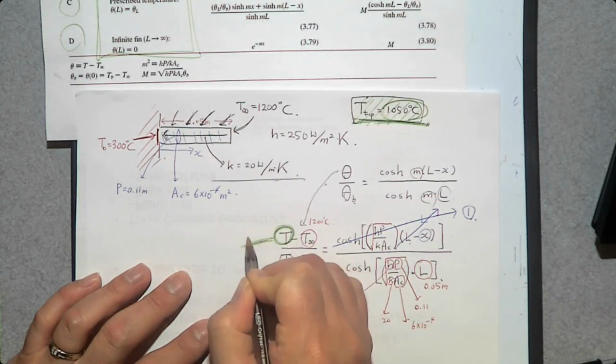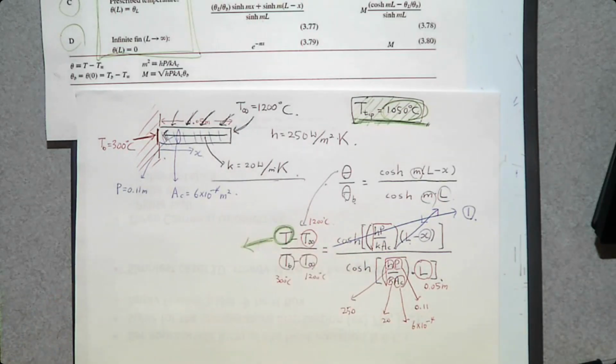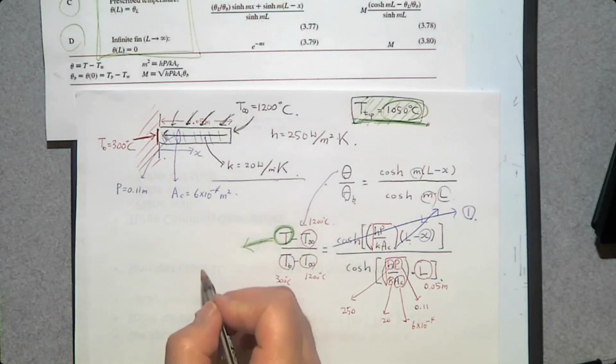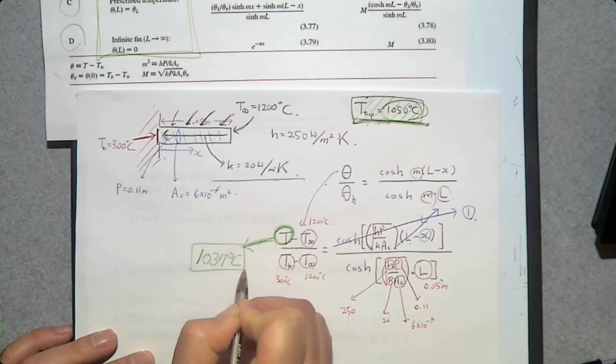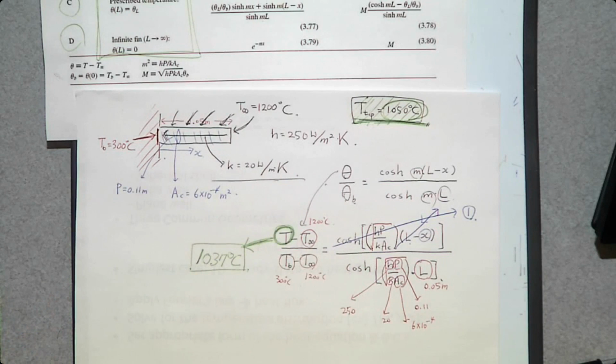If you do the calculation, the temperature is going to be 1037 degrees Celsius. Now, this temperature is less than 1050. So this cooling application is okay because the temperature at the tip is less than the maximum possible temperature of the fin. So this is okay.